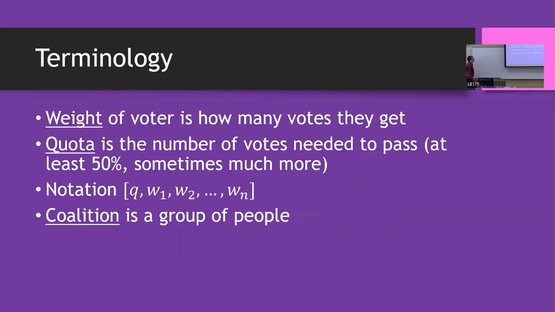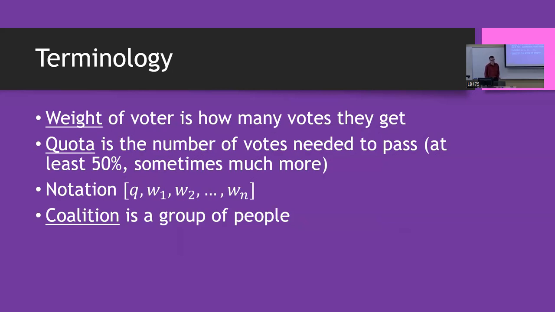So the terminology that we're going to use in this chapter is weight. Well, there's a lot of different terminologies, but the weight of a voter is how many votes they get. So I, as a voter, might get a certain number of votes.